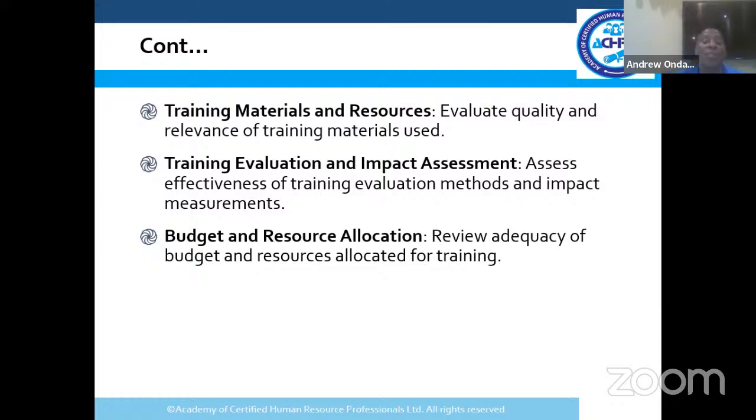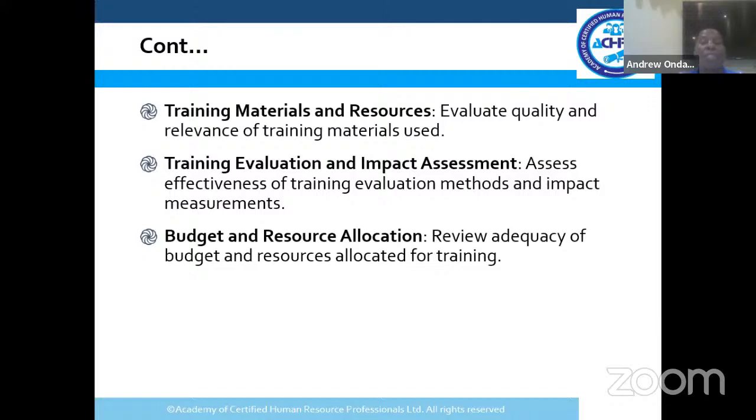Resource allocation, I mentioned that we require 3 resources: human resources, financial resources, and physical resources. And the audit question you will ask is whether the resources allocated are adequate. And the second question you ask yourself is the time of allocation. Is it timely?